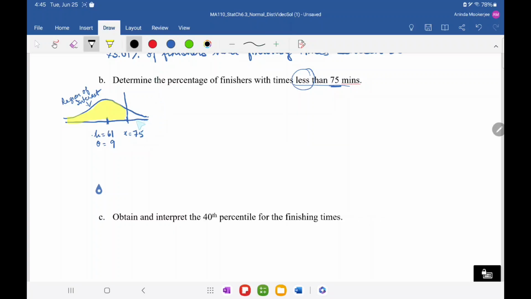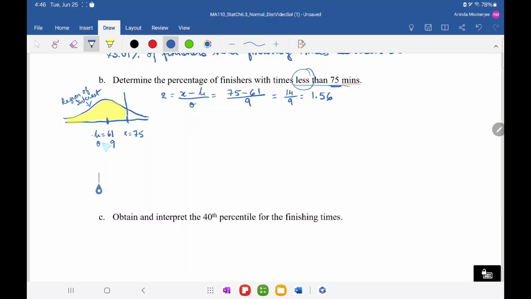So we have to convert X to Z value, and that would be Z equals X minus mu over sigma, which is 75 minus 61 over 9, which is 14 over 9, and will give us a Z score of 1.56.